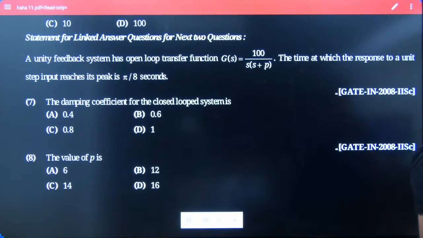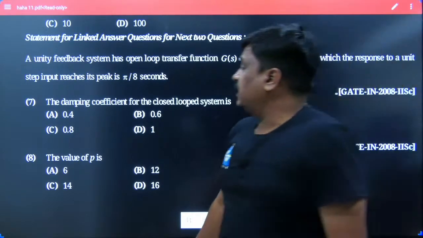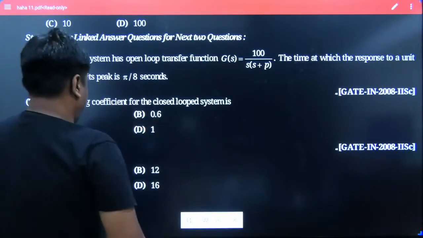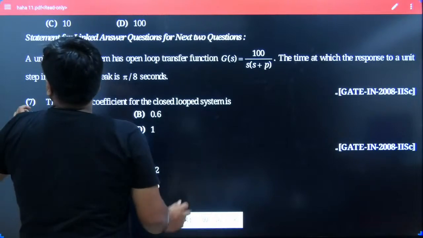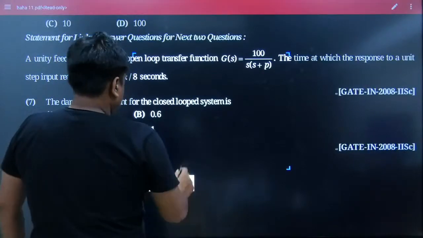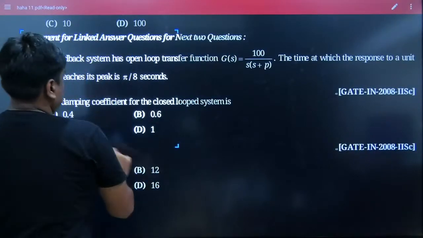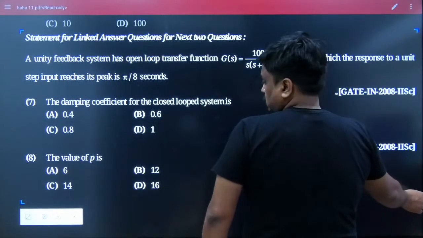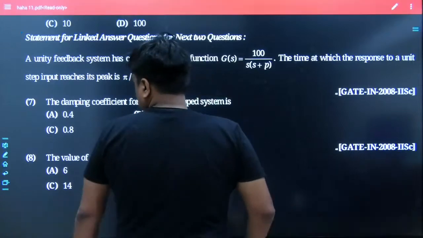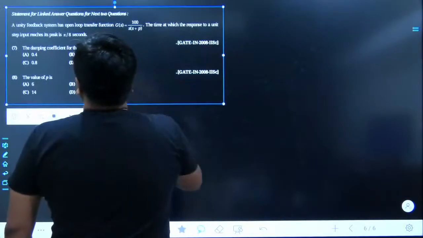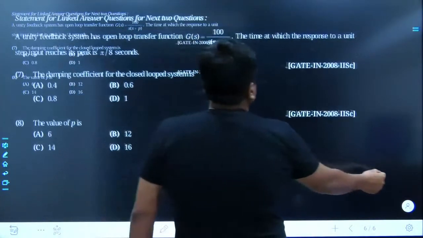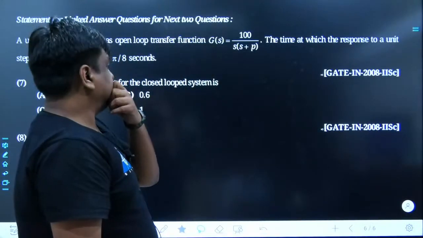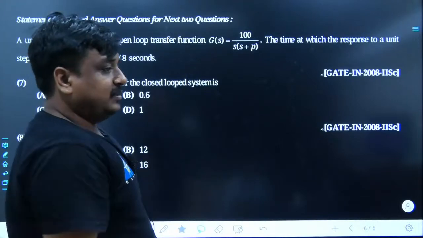No one? Okay, let me read this problem carefully. Unity feedback has the open loop transfer function, everything is known to me. What we have been doing over here, just a minute. So the answers have started coming.